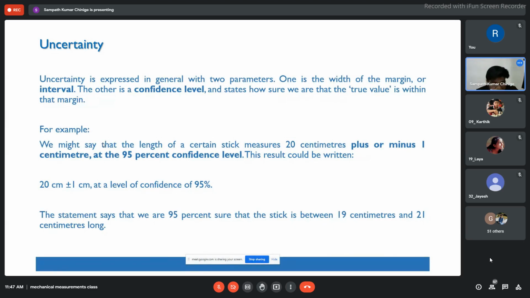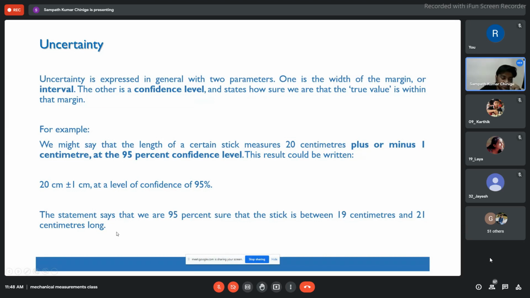Okay, so now I'm giving you a small example: we have 20 centimeters plus or minus 1 centimeter at a level of confidence of 95%. So someone is giving this to you. That means the statement is saying that I am 95% sure that the stick is either 19 centimeters, 20 minus 1, or 20 plus 1, 21 centimeters long.